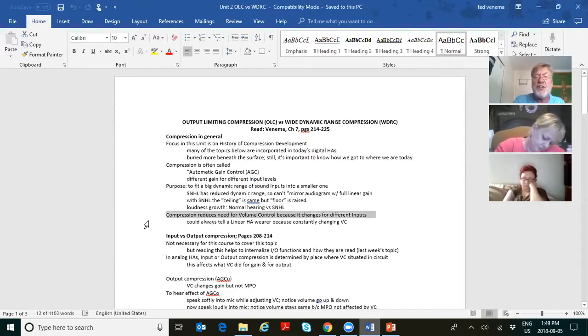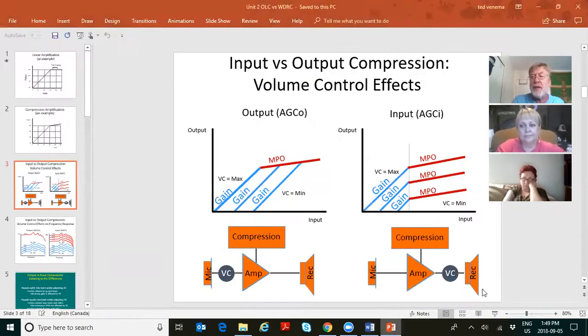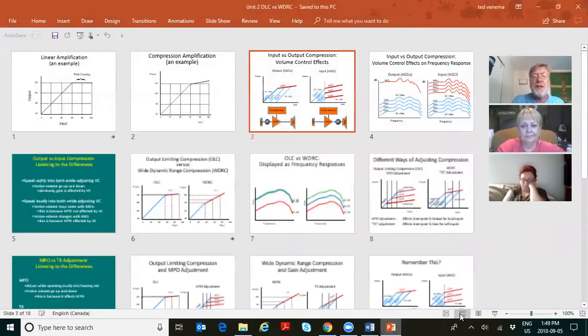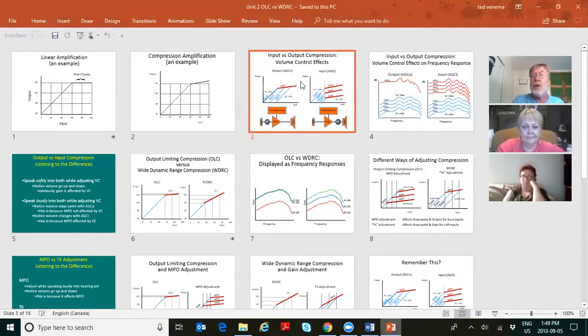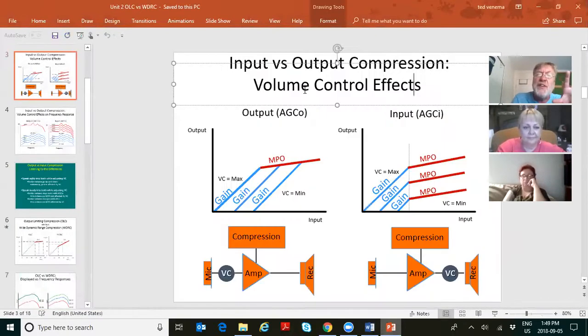You could always tell a linear hearing aid wearer because the person was constantly changing his or her volume control. Now, here's something that you don't find anymore in today's digital hearing aids, but it's done automatically.